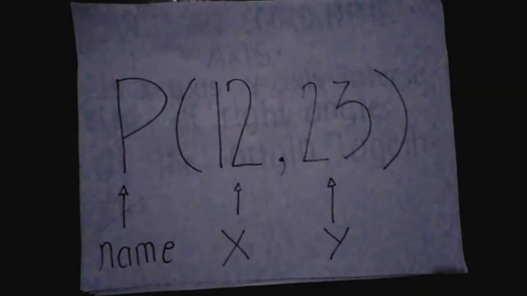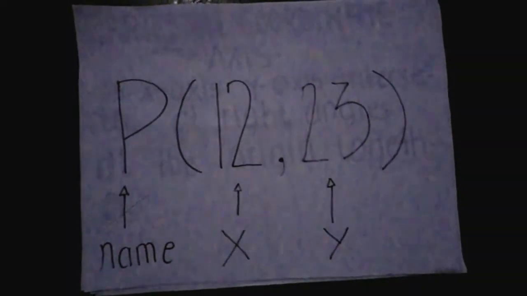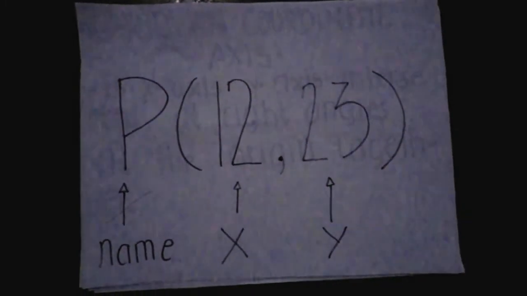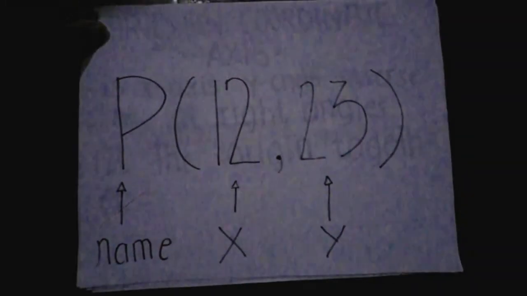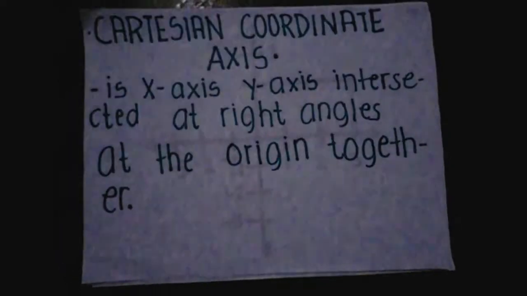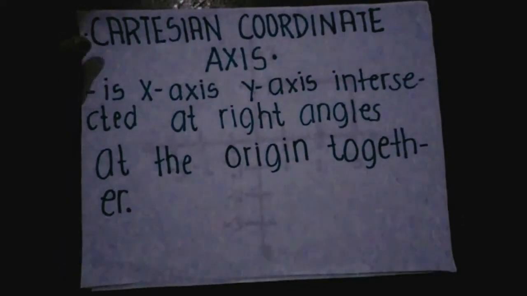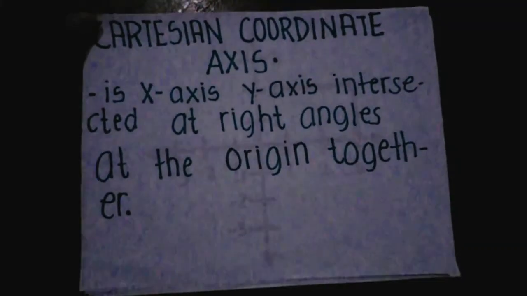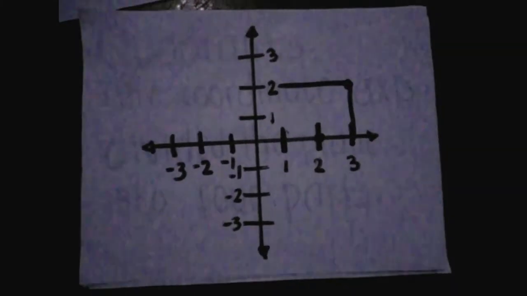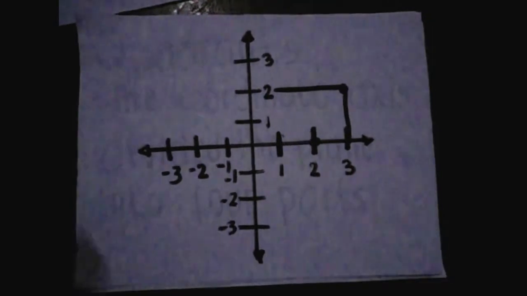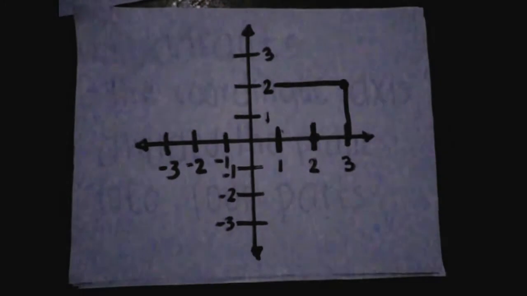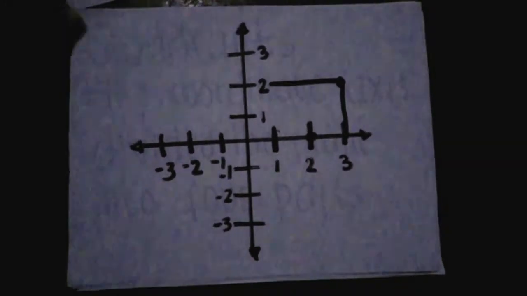The letter P simply names the point and is used to distinguish it from others. 12 is the x-coordinate and 23 is the y-coordinate. The Cartesian coordinate axes are the x-axis and y-axis intersecting at right angles at the origin. You can see the x and y axes intersect, so the lines form right angles.